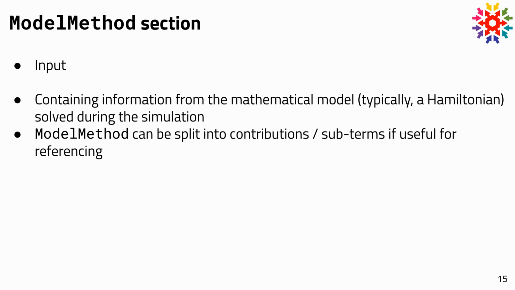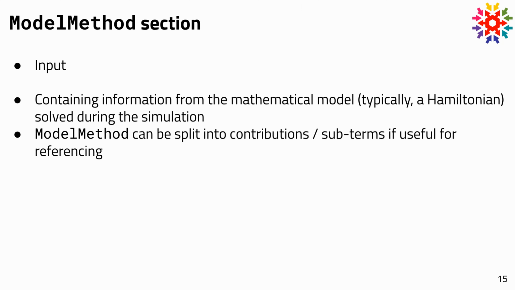It can also be contained, so you can essentially have subterms coming from this model method. So I mean, just imagine if you have a Hamiltonian, you will typically have this concept of the kinetic energy, so the kinetic part and the potential part. No? So similarly here, you can do the same. You can have the total Hamiltonian approximation that you did with whatever information or strings or identifiers you want.